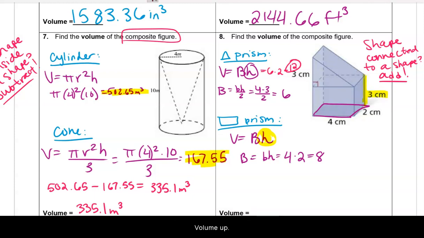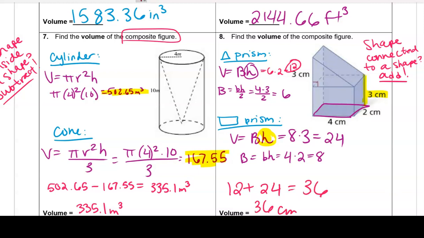So to get our volume of the prism, we're going to say our 8 times 3, which is 24. So now we have our two volumes, 12 and 24. These shapes are connected, so we're going to add them. 12 plus 24 equals 36 centimeters cubed.